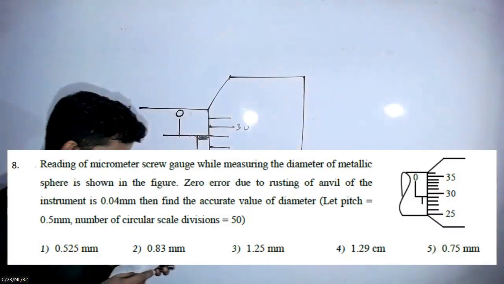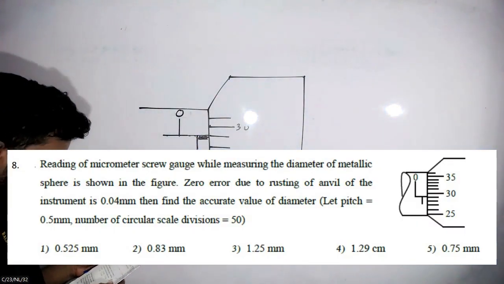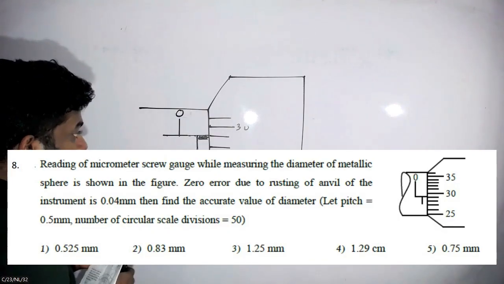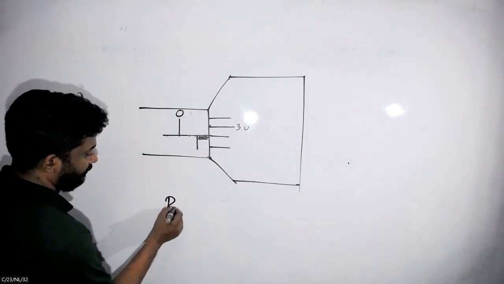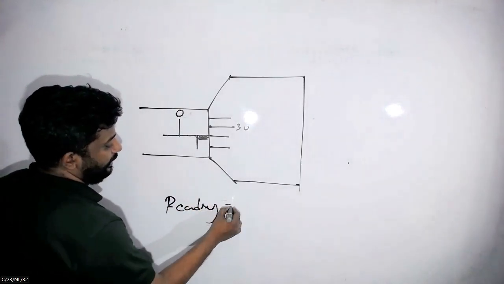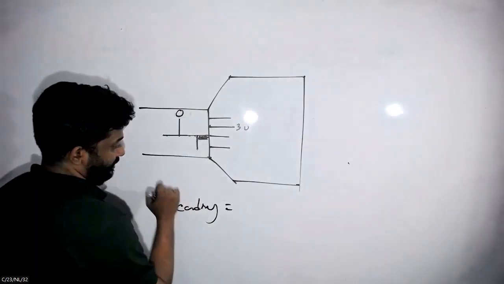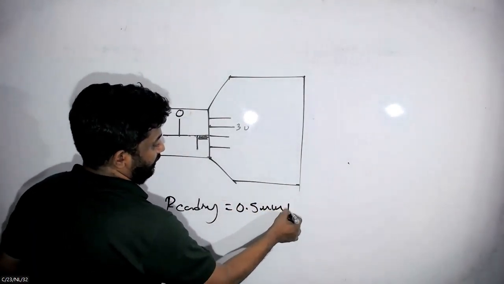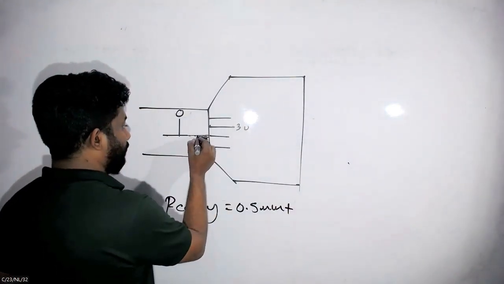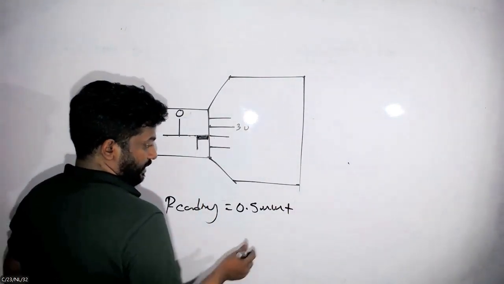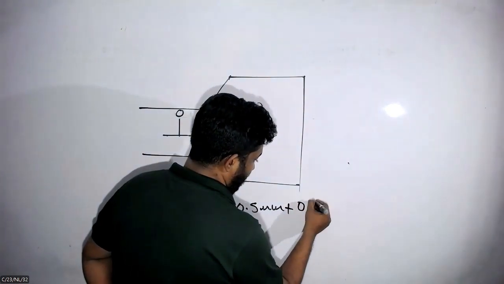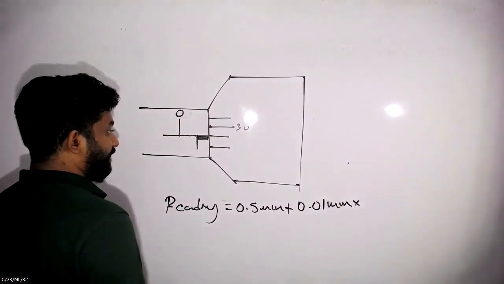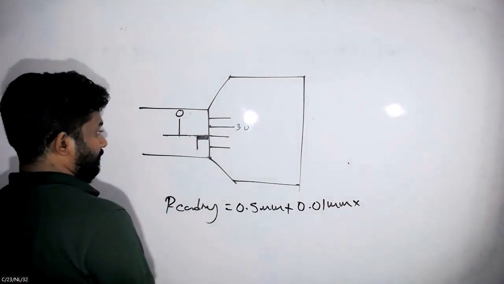Reading of a micrometer screw gauge while measuring the diameter of a metallic sphere is shown in the figure. Let's find the reading. Main scale reading is 0.5 millimeter. Then you will obtain the unknown length by using the circular scale: least count into the number of circular scale divisions aligned with the principal axis.